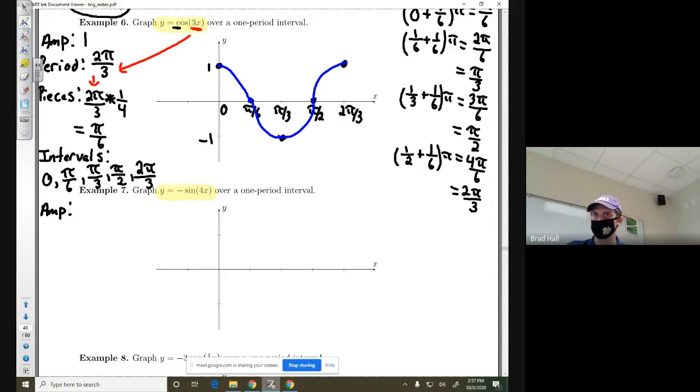Maybe I'll make this more of a participation aspect. Blake, what's the amplitude? It is 1. So the number that multiplies the trig function will tell you the amplitude, but we have to take the positive value of it. So you would think, oh, it's -1, but you have to take its absolute value. So it's just 1. So there's a 1 up here, -1 down here.